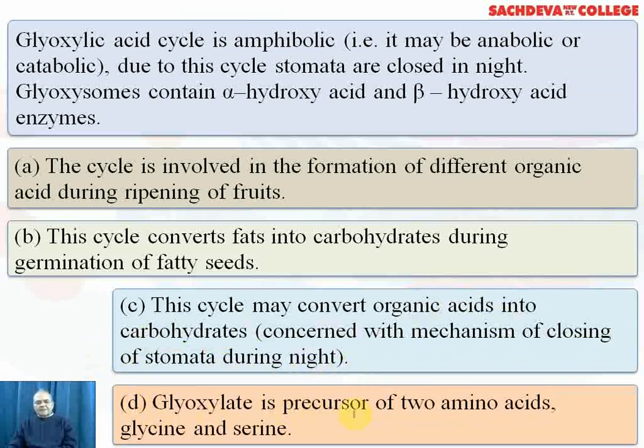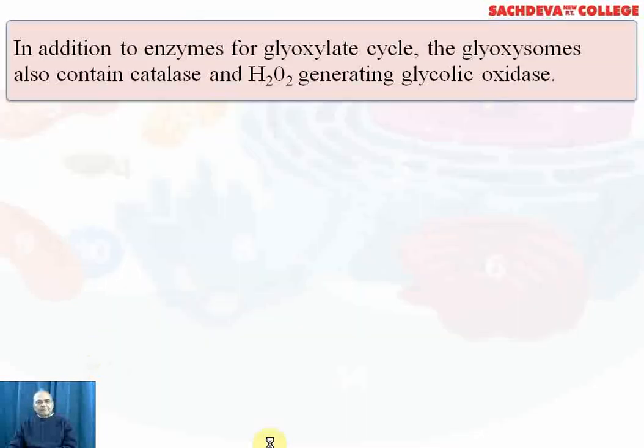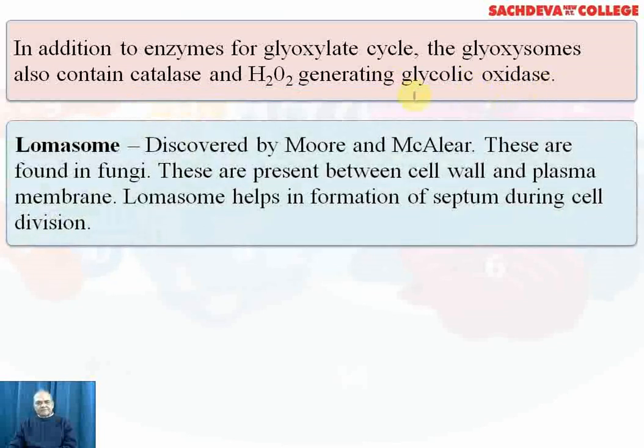Glyoxylate is the precursor of two amino acids, glycine and serine. In addition to enzymes for the glyoxylate cycle, the glyoxysomes also contain catalase and hydrogen peroxide generating glycolic oxidase.